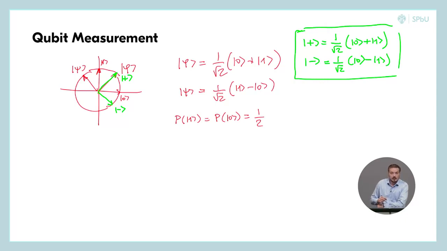And if we measure our system in this basis, then result plus will tell us that the system was and still is in the state phi, and minus outcome tells us that the system was in state psi before the measurement. So choosing the correct basis is crucially important for obtaining information from quantum system.